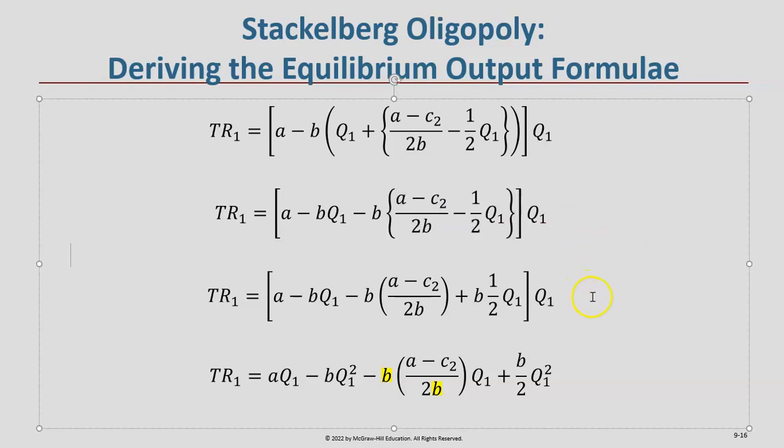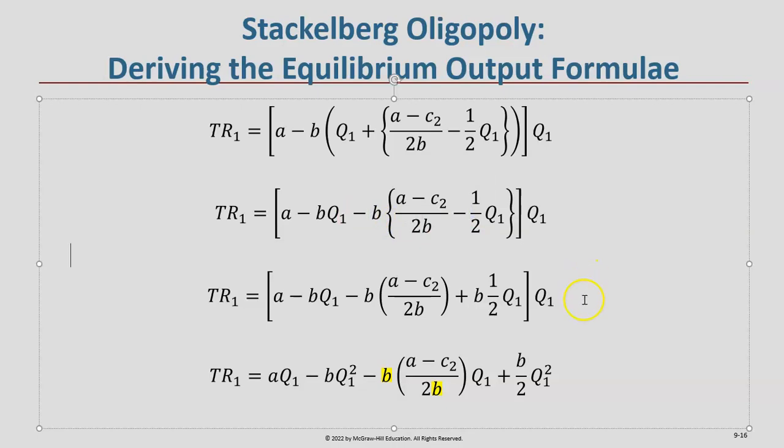Then the third line multiplies the demand slope through the Cournot reaction function in brackets. So minus B times the first expression in the Cournot reaction function plus B times 1/2 Q1, the second term of the Cournot reaction function. And the sign changes because we have a negative multiplied by a negative.